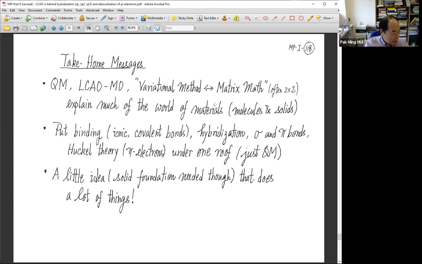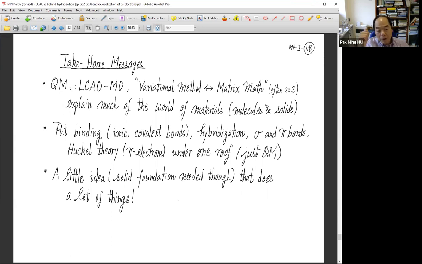So the take-home message of this whole module up to here, the next part is about letting the atoms vibrate again. Okay, we will have vibration and rotation of the molecule. But up to here, we studied the electrons' contribution to bonding. The take-home messages are, what we learn in quantum mechanics, if we apply it cleverly, can be used to understand a lot of things, including all kinds of bonding.